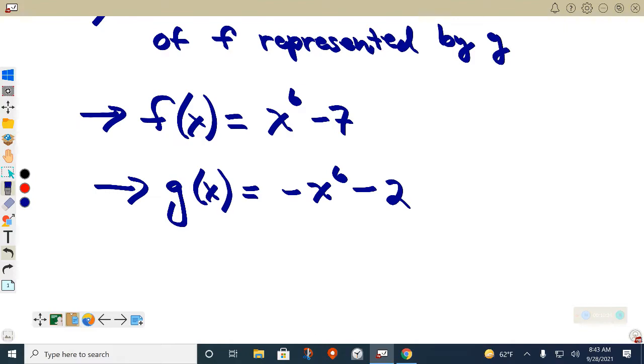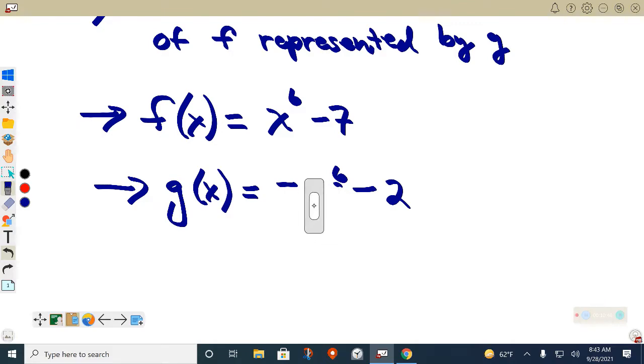Well, notice the negative, I made x negative without parentheses. In other words, I didn't make it like this. Which means the action of taking to the 6th power would come first. Whatever I replace x with, I'd have to do the 6th power before I multiply by -1.